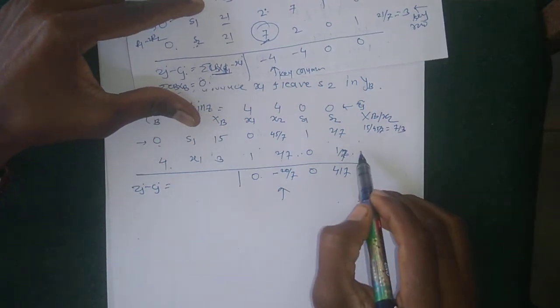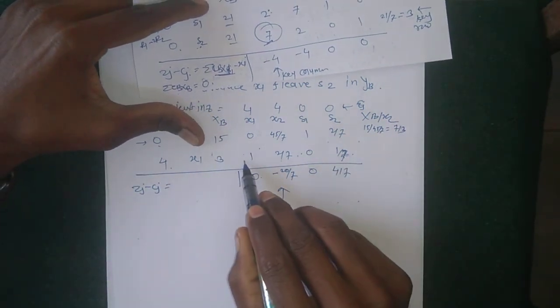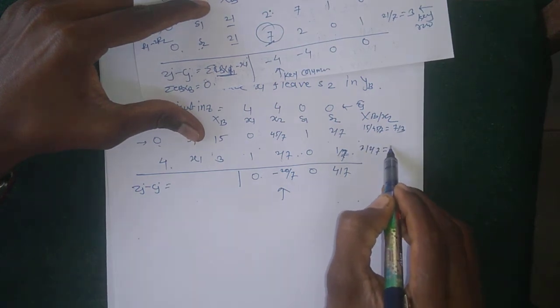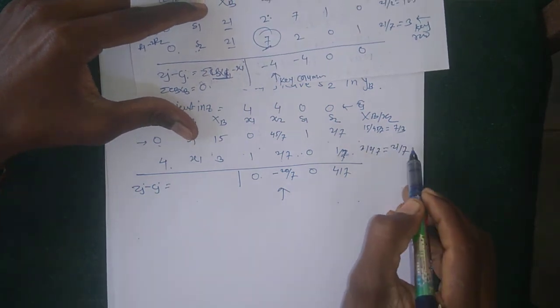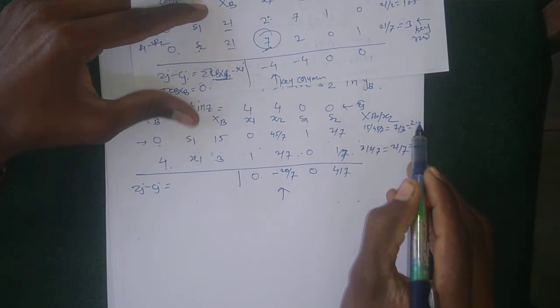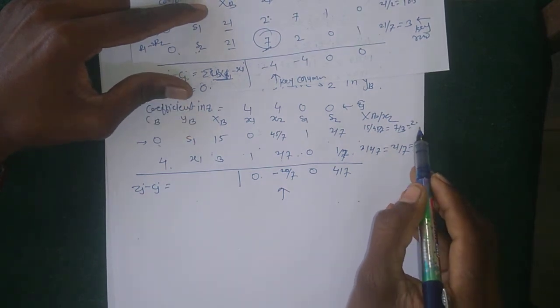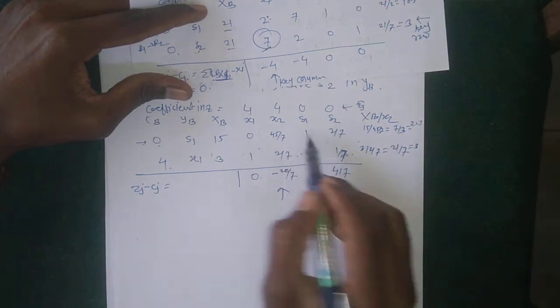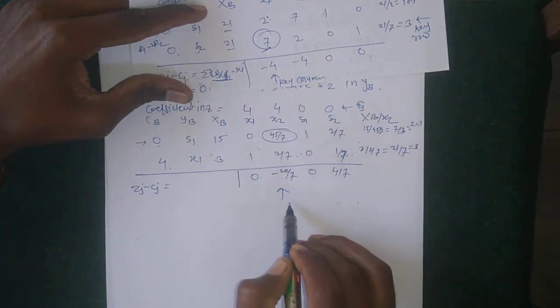Okay, so similarly here 21 by 7. 3 divided by 2 by 7 we get 21 by 7. This is 3 and this is 2 point something, 2.33.